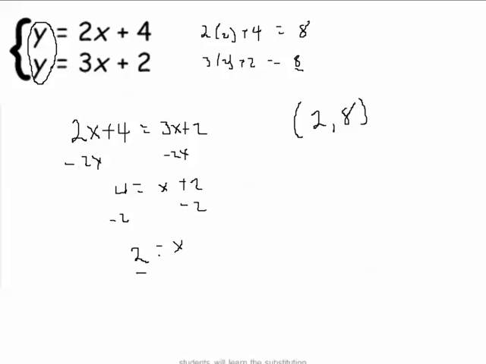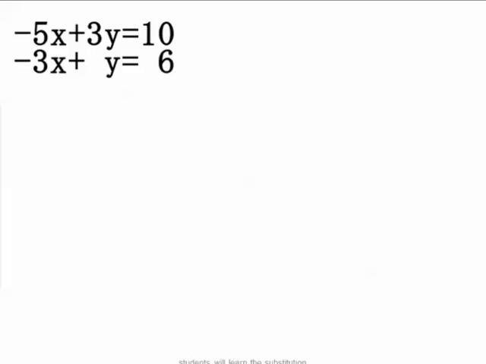That's the point where these two lines intersect. Ta-da! That wasn't that difficult. And all I did was substitute this here, which was equal to y, into this equation for that. I substituted it in.